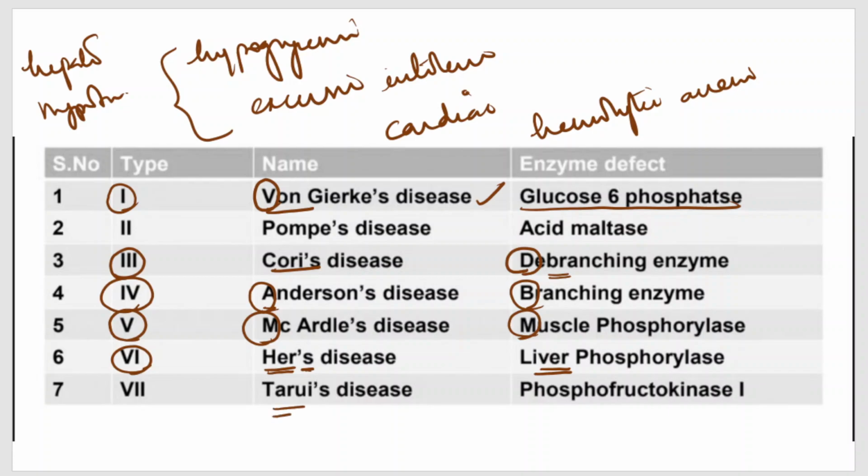And Tarui's disease is type 7, which is due to phosphofructokinase deficiency. And left out is type 2, which is Pompe's, a lysosomal storage disorder due to deficient acid maltase. Right? So these are the glycogen storage disorders.